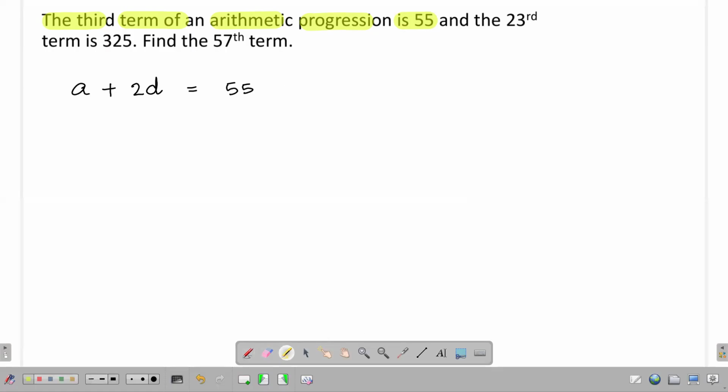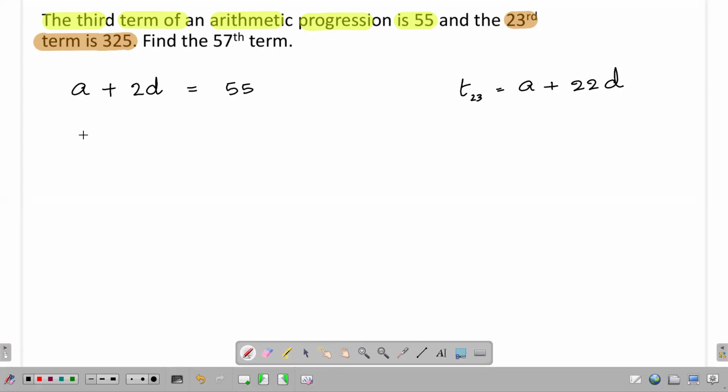Then it is given that the 23rd term is 325. The 23rd term means T23, which is a plus 22 times d, a plus n minus 1 into d.